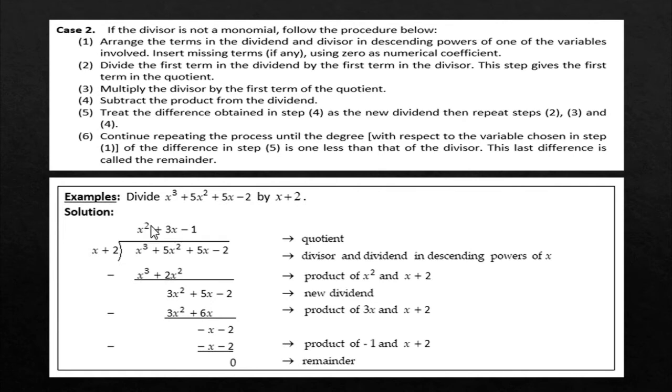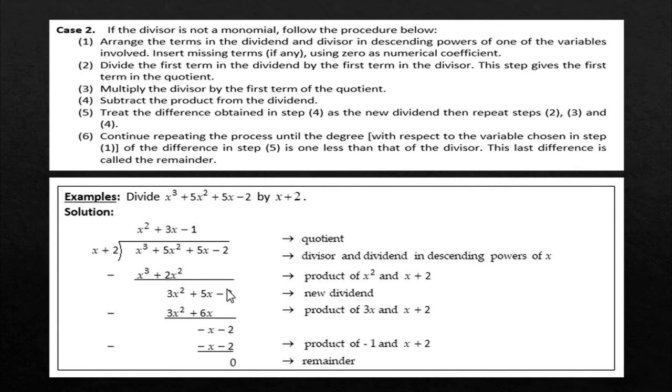So, x squared times x is x cubed. Then, x squared times 2 is 2x squared. So, i-minus na to siya. So, kani wala na, ang mabilin diri 3x squared. So, i-bring down na to ang isa ka term. So, we have here 3x squared plus 5x.